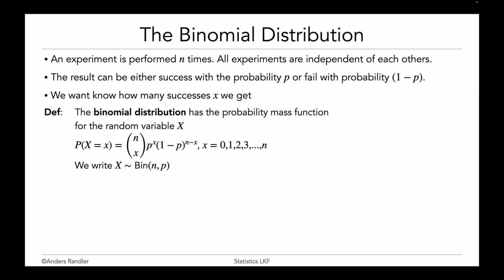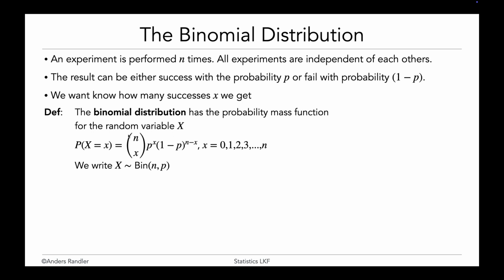But for each and every one of those, what will the probability be for that outcome? Well, thinking back to the start and stop thing, it is the probability to succeed to the power of the number of successes times 1 minus p to the power of the number of fails. So this isn't that hard to understand. This is the number of possible combinations, and this is the probability for success x times and to fail n minus x times.